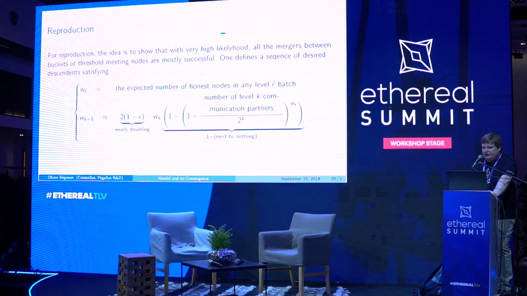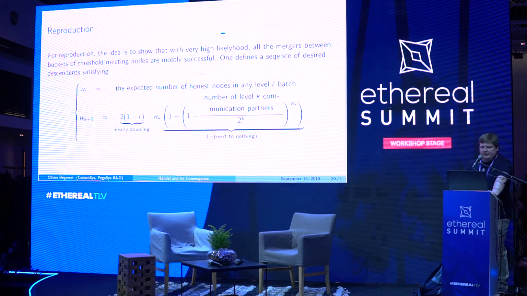Once you've done this homogenization phase, which requires only basically big O of n communications, you get into the reproduction phase. And here the idea is also very simple. You start basically with plenty of batches of nodes where complete communication has occurred. So all the honest nodes have assembled the complete aggregate signature of their batch, of course excluding potentially dead nodes or Byzantine nodes who may send wrong information.